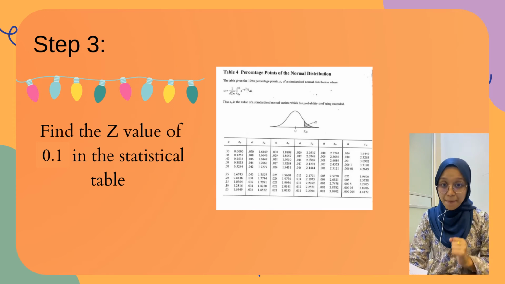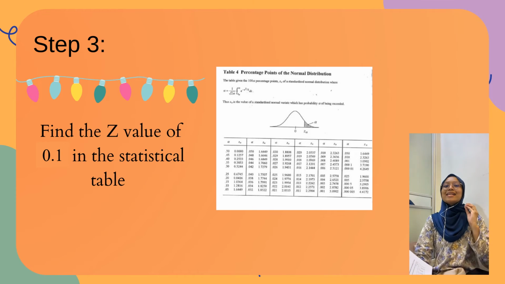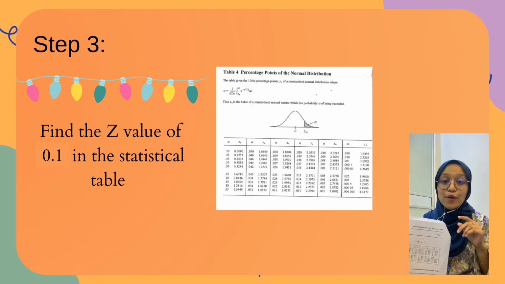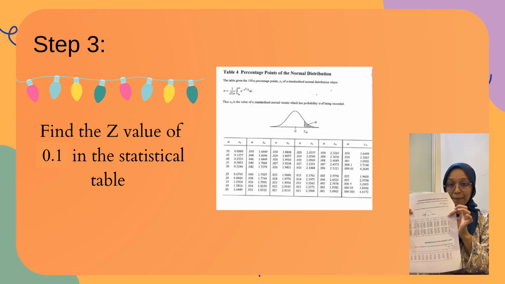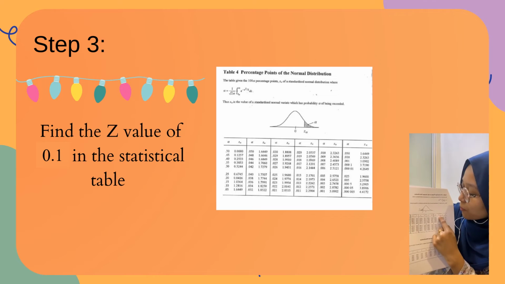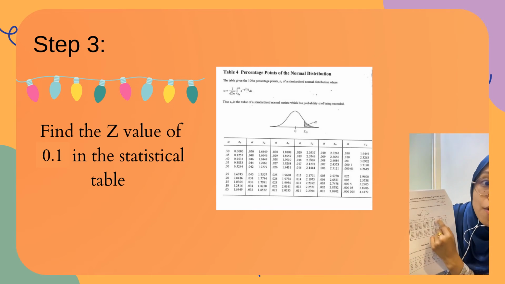So for step 3, you need to see the statistical table and find the Z value for 0.05. You need to look wisely where 0.05 is in the column for alpha.